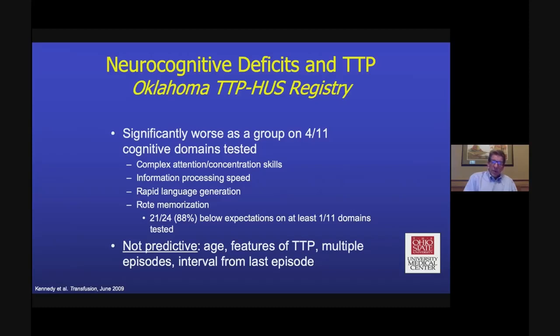But in this work done by the Oklahoma group, they found patients with a prior history of TTP function significantly worse on 4 domains, especially what's called complex attention or concentration skills. So kind of being able to focus on the right now and what's going on, the information processing speed, rapid language generation, and memorization. And really, these are all sort of short-term related issues, and I'll show you in more concrete terms on the next slide.